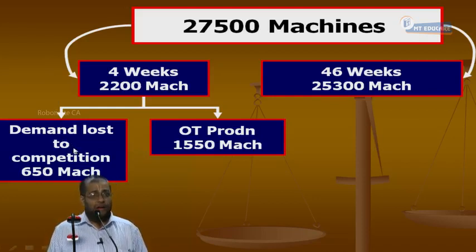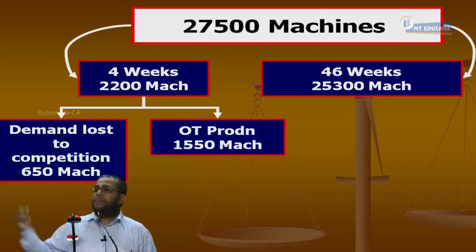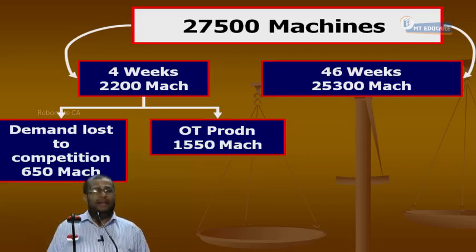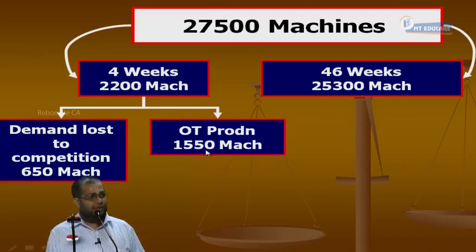No. It is also due to strike. During strike period, demand will come, and at that time my competitors will be selling. So I lose 650. Don't think that the entire 2,200 will be loss. The balance after a strike, I'll ask them to sit overtime, and still I can retain 1,550 machines demand. Everybody, yes or no?